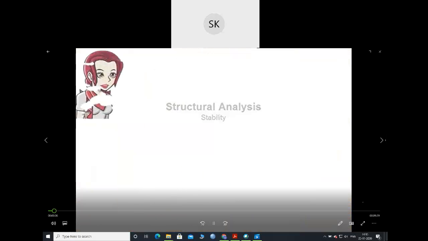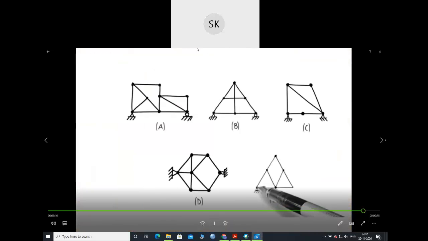From which point you were not able to see? I'm playing from here, okay?